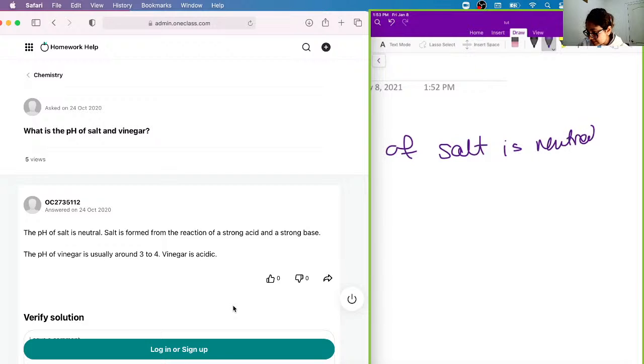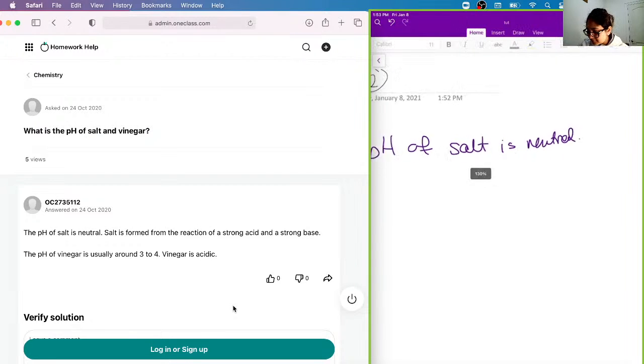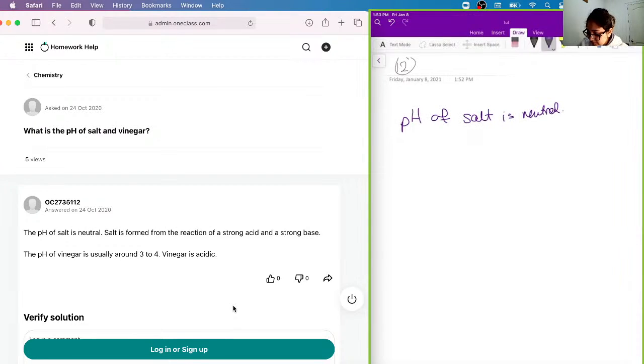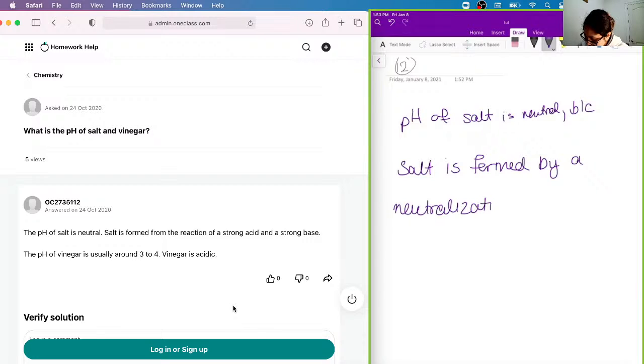This is because a salt is formed by a neutralization reaction, so this is between an acid and base.